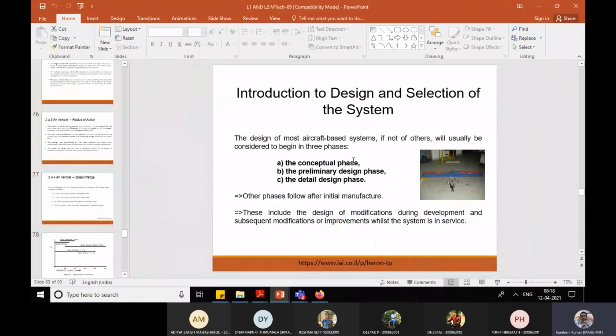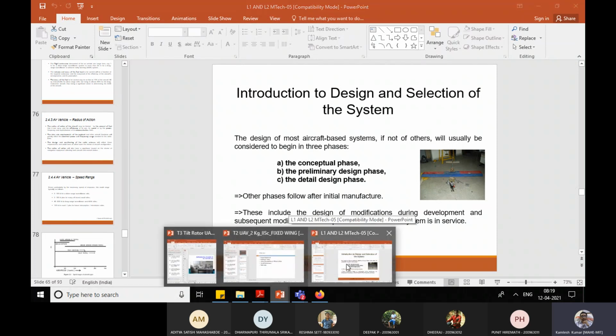Today's class, we have to start with the design. What are the selections, especially when you are going to design an airborne platform? The basic theory comes first, and after that we have a case study on the design.